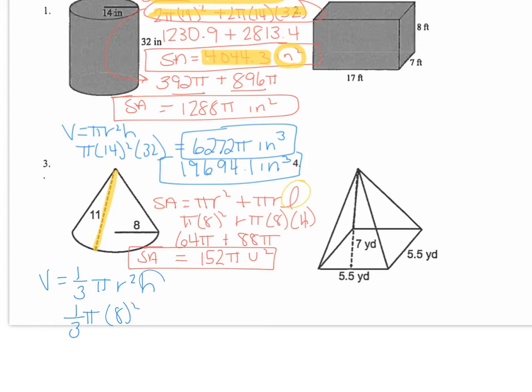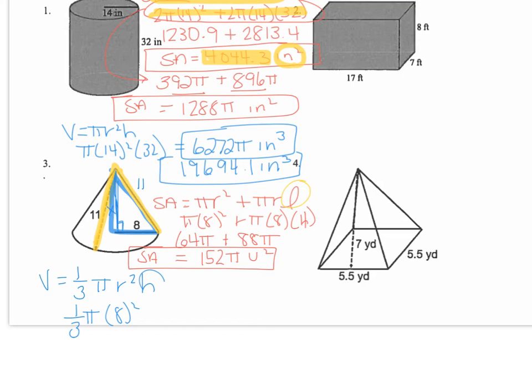Ladies and gentlemen, height is always perpendicular to the radius. It always is this value right here. I don't know what that value is. But notice I have a right triangle. And this length right here is also the same length as my slant height. So that length right there is 11.